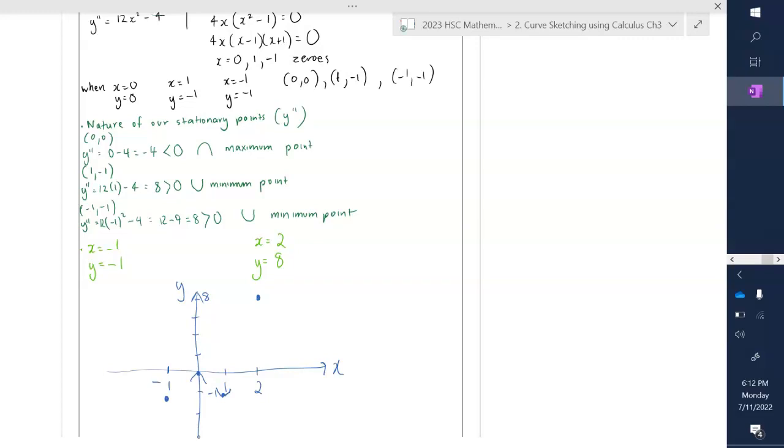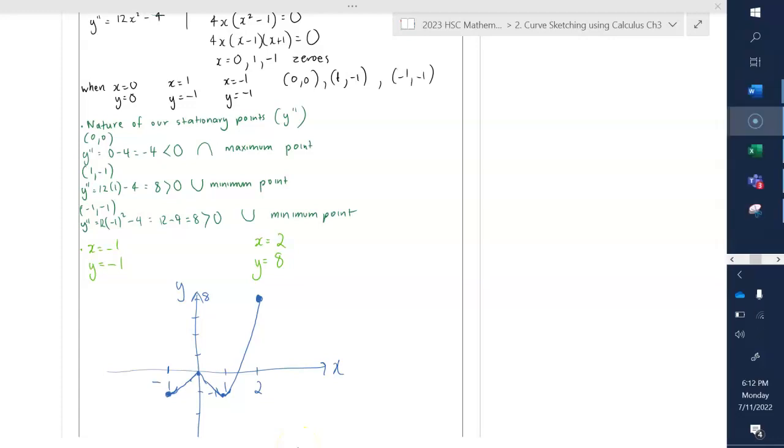And we know that at, what was our last one? -1, -1, it's also a minimum. So -1, -1 here. Oops. Might fix that first little point up there. We've got half of it there. Okay, so our curve's going to go up to there, down there, and it's going to go all the way up here.